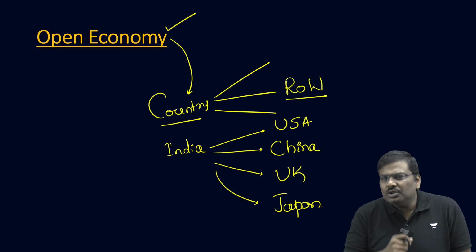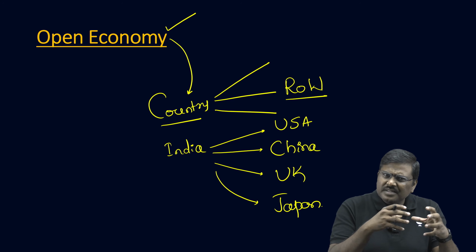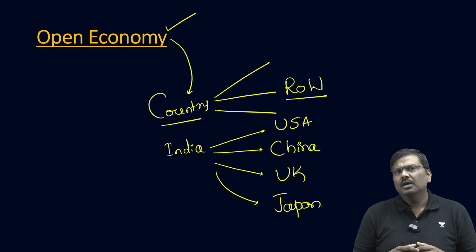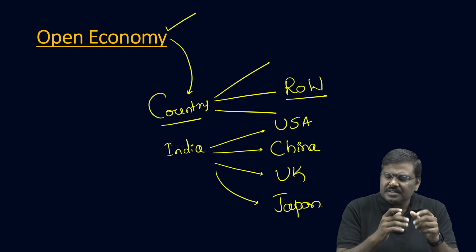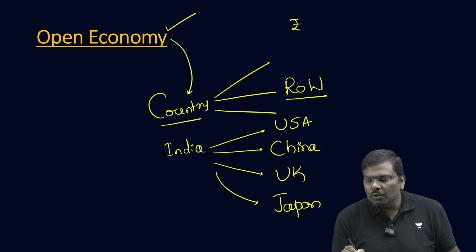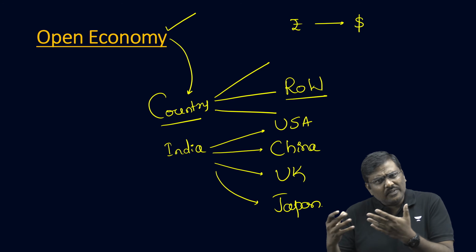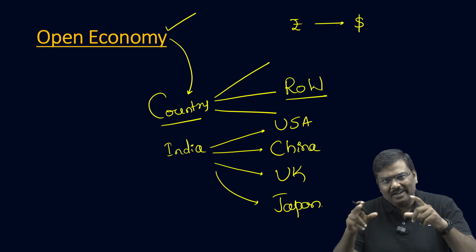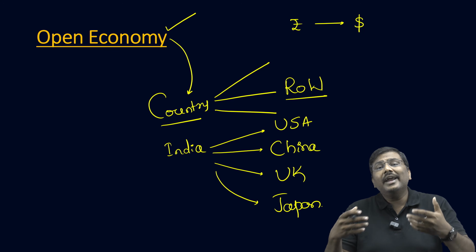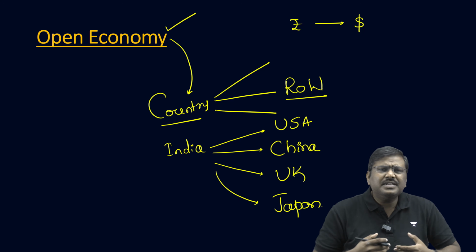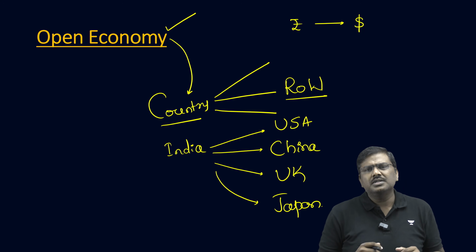But let's go to point number 2 now. Whenever these transactions take place, there will be certain instances where you need to convert rupee to dollar. Again, I'm assuming dollar is a universal currency here, and all the trade that we do, all the investments that we do, is done in terms of dollars.